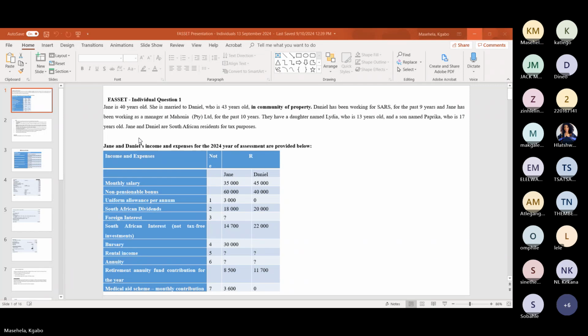Then it's not like we are going to repeat the theory questions, but we are going to apply the theory to the practical part of it. We need to understand, guys, that it is very important to know what you are doing.